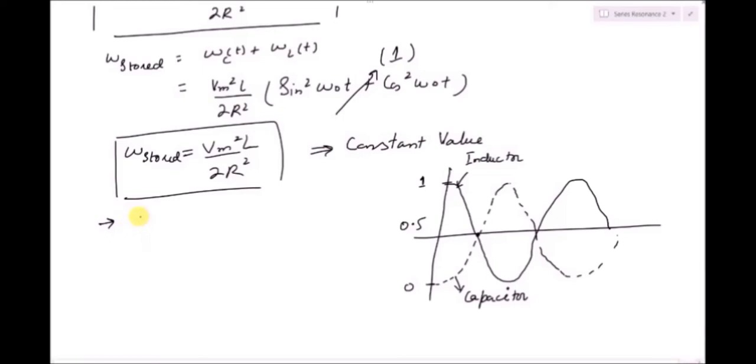So it is a continuous exchange of energy between the magnetic field and the electric field.